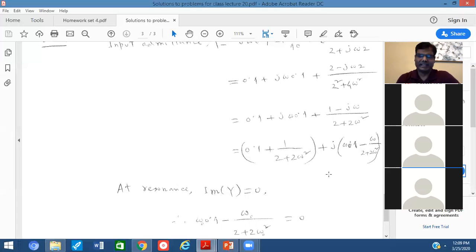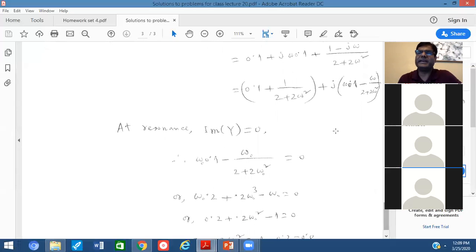Okay. And why am I applying that technique? You see, I have written at resonance, the imaginary part of Y should be 0. That is our main statement today, that we are looking today for parallel resonance, that the imaginary part should be 0.